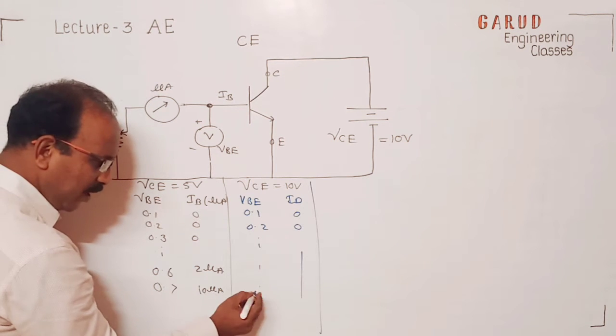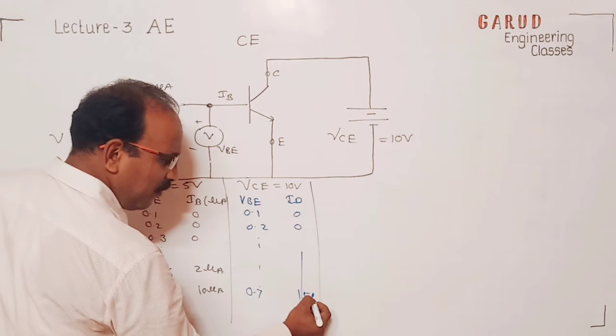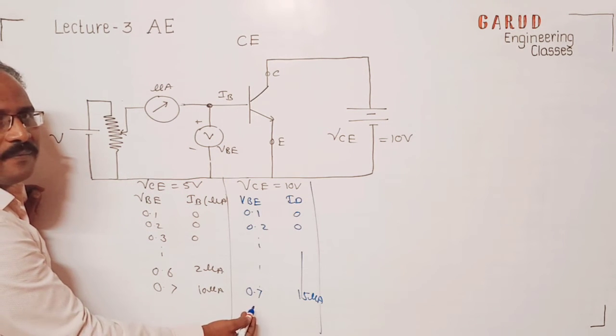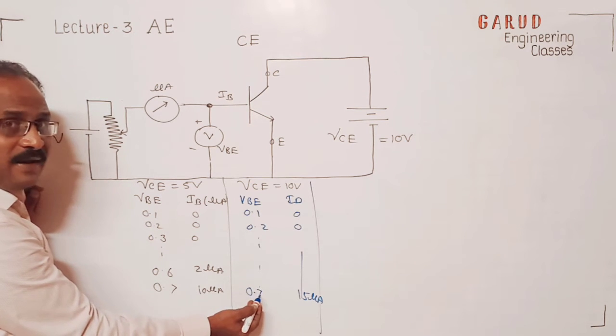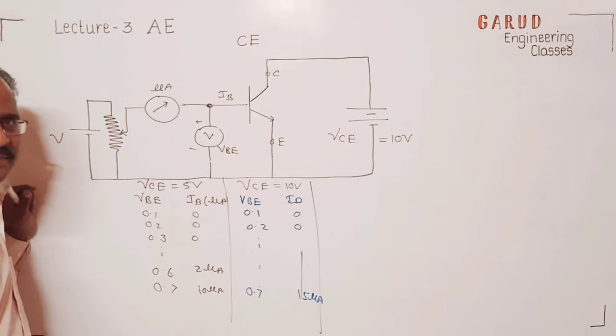Here at around 0.7 volt, we get around 15 microampere. So it starts early. This is also called the early effect.